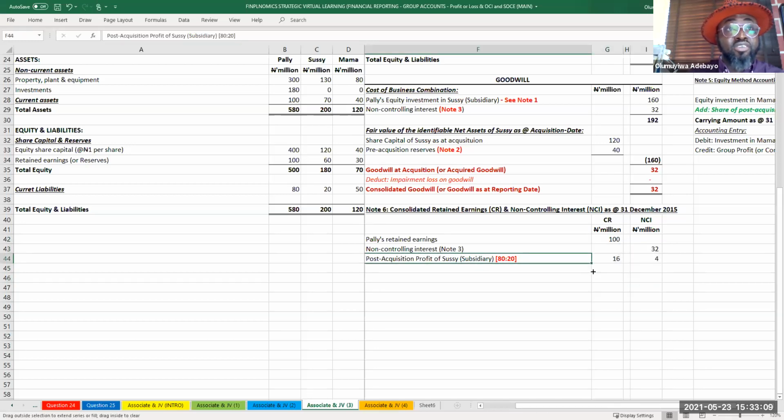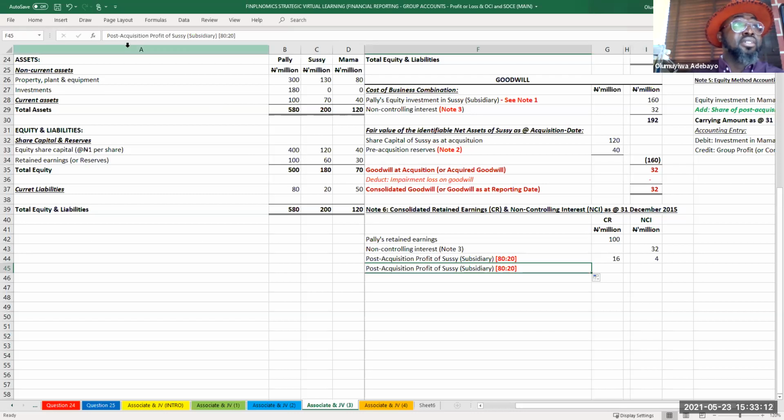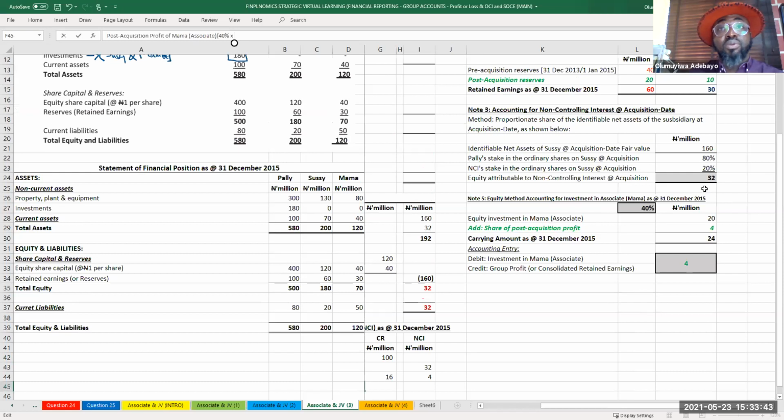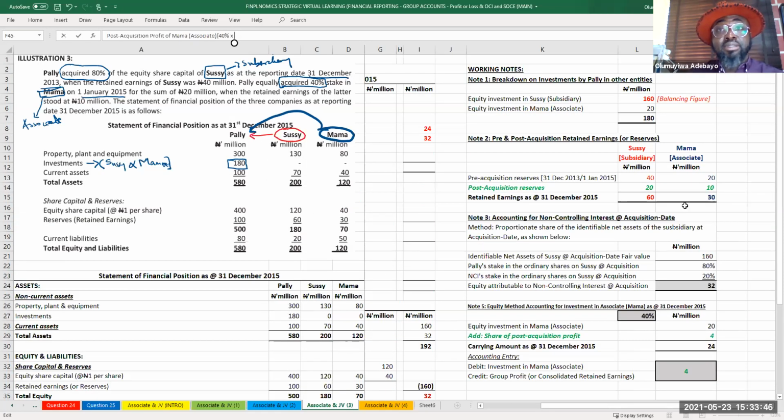The next is for us to recognize the parent share of post-acquisition profit in MAMA. MAMA in this case is an associate. And in an associate, there's no NCI involved, and therefore you only take 40%, which is your stake in the reserve. The post-acquisition reserve here, if you remember, was 10. Okay, and this 10, applying that 40%, is what gave us this 4.